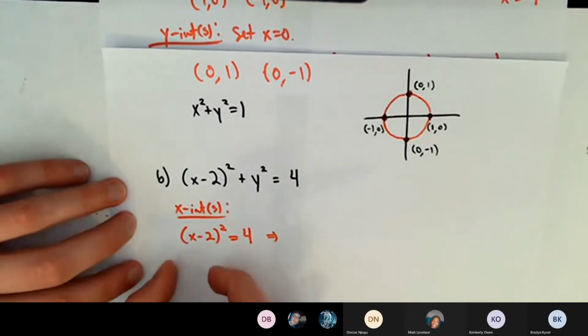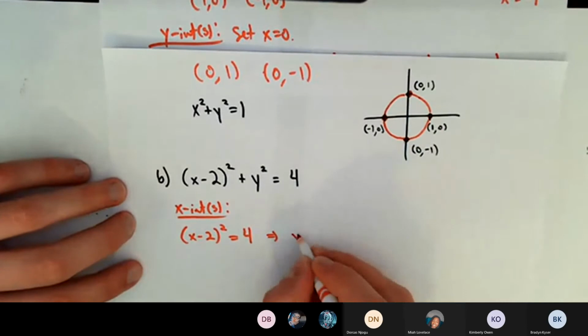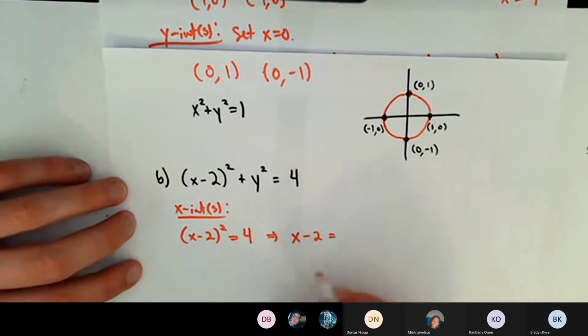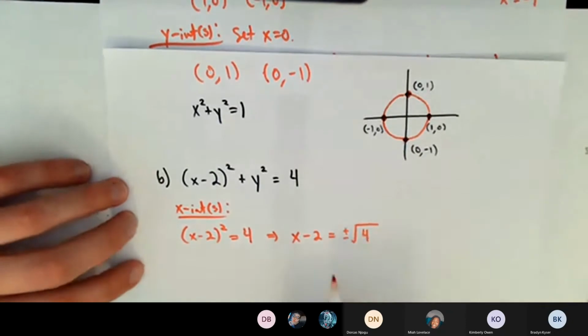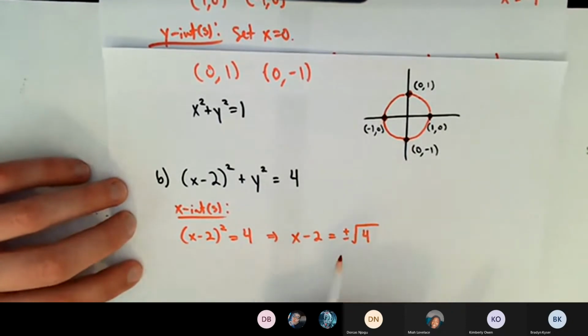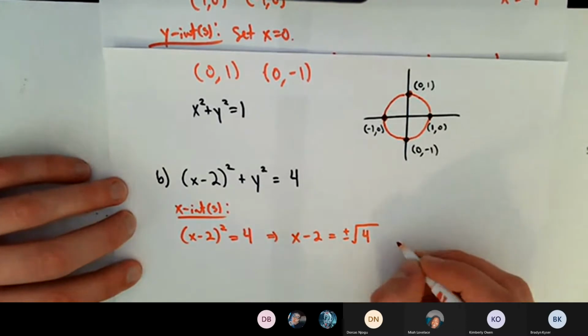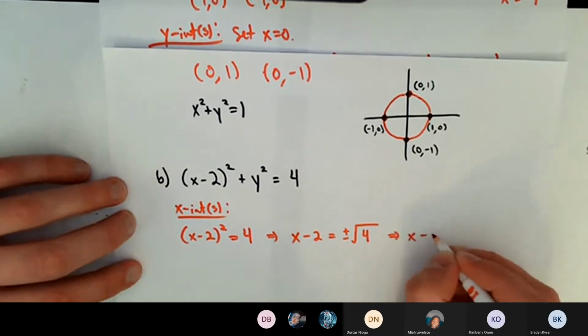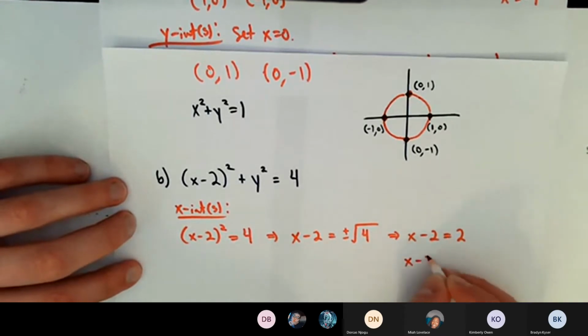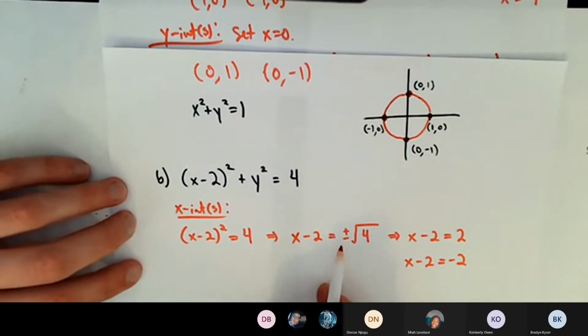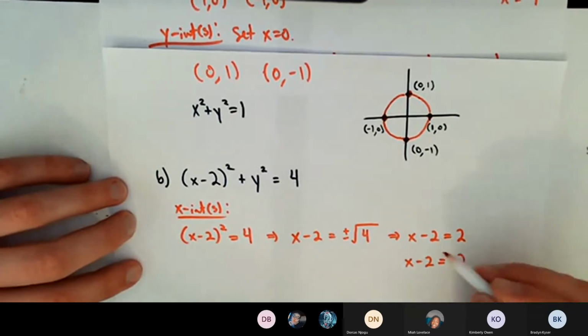Since this x minus 2 is packed into this square, I'm going to square root both sides, and that's going to effectively give me x minus 2 is equal to plus or minus square root of 4. There's that plus or minus coming there. Plus or minus square root is introduced because we're solving an equation. And then, of course, that's just x minus 2 is equal to 2, right? Square root of 4 is 2. That's the positive one. Or x minus 2 is equal to negative 2 because square root of 4 is 2 and then with the negative outside. So two separate solutions here.